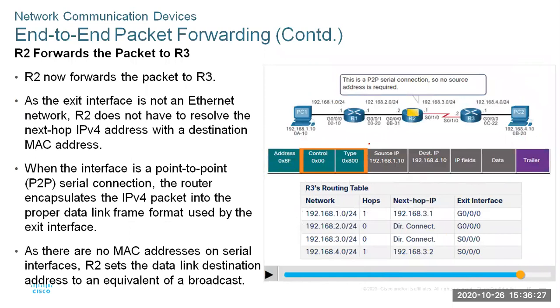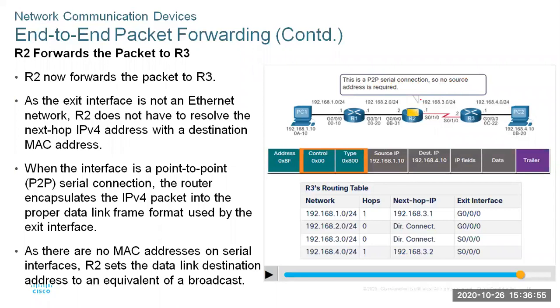So R2 now forwards the packets to R3, which is this device. This is a point-to-point serial connection, so no address is required. As the exit interface is not an Ethernet network, R2 does not have to resolve the next hop address with a destination MAC address.